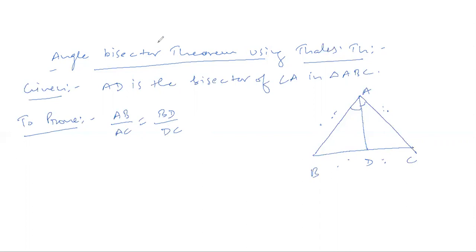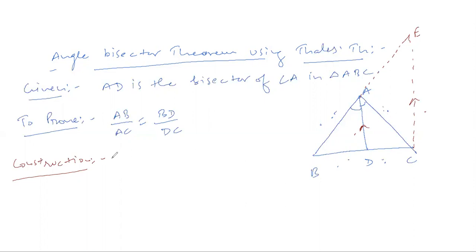So let's mention that using some other color. See what the construction is. We'll draw a line parallel to this line from C, like this, and extend this also, and let this point be E. So both these sides are parallel to each other, meaning AD is parallel to EC. This is the construction.